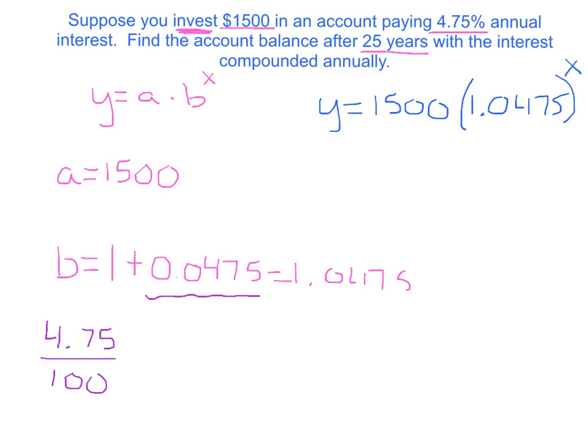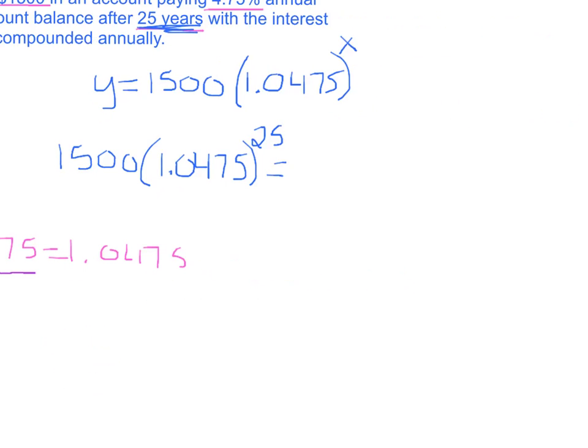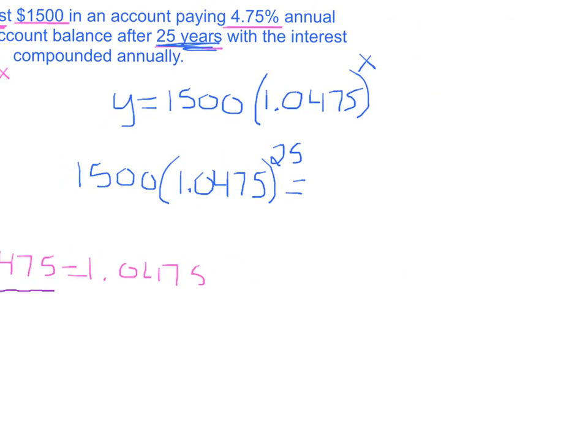But we're going to plug in 25 to represent how much money you will have in 25 years. And you should get that in 25 years, you will have $4,785.66 in your account.